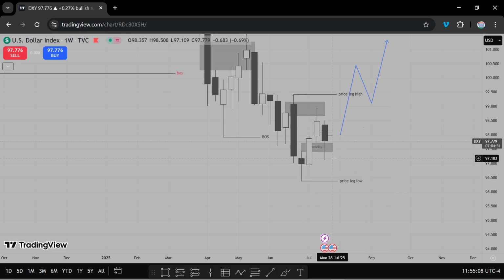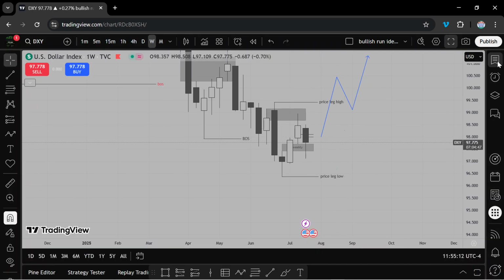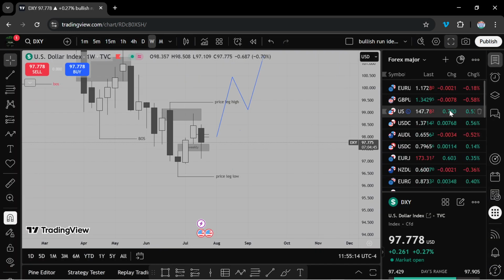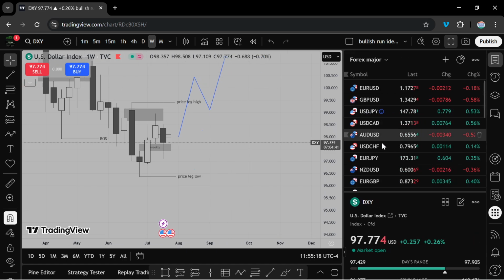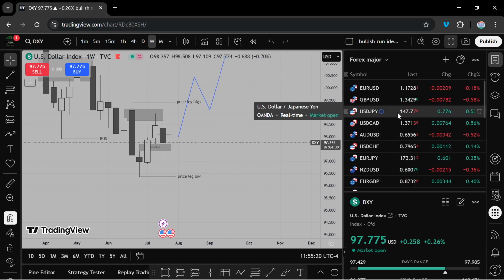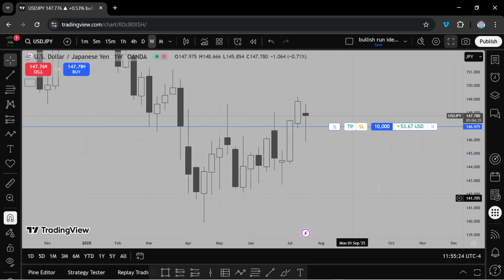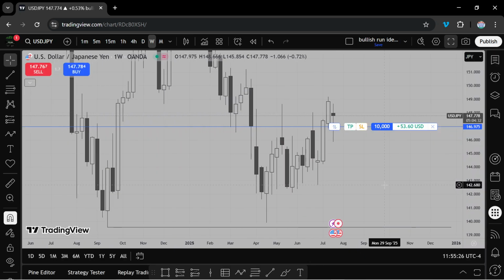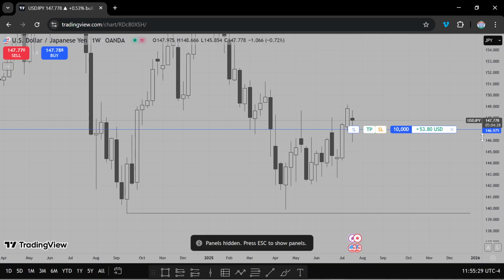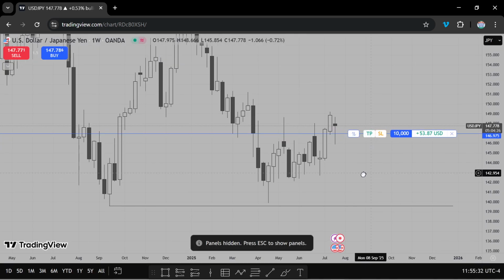Cool. So let me show you the trade that I took today on USD JPY, right here, and how I got to that trade. So this is USD JPY.